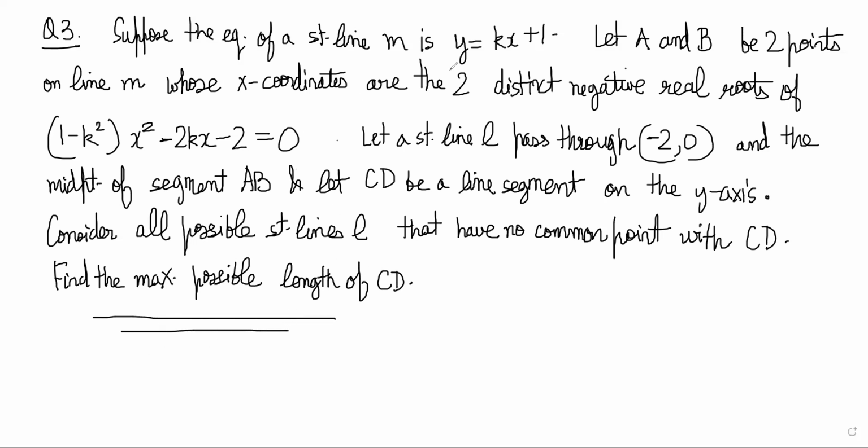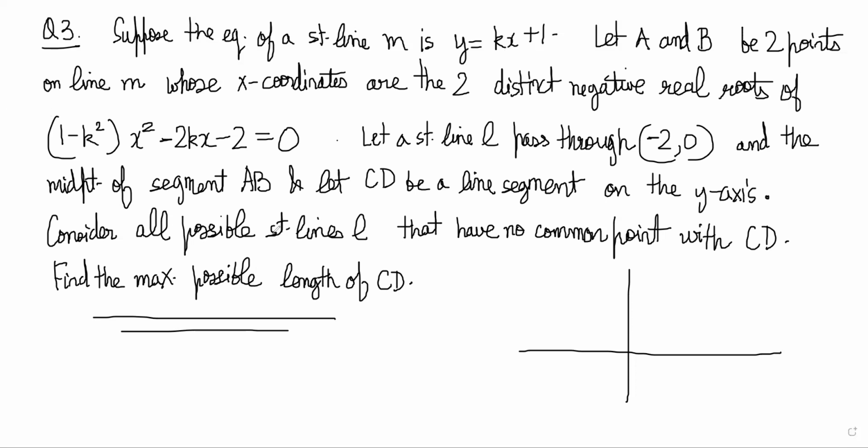What is the question saying? We have a situation like this. y = kx + 1 is a line. A and B are 2 points on the line M whose x coordinates are the negative real roots of this equation.